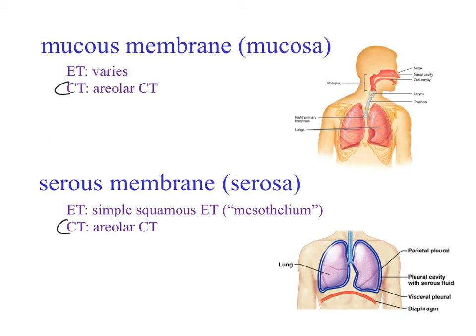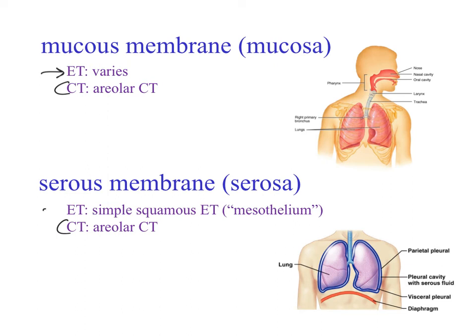What is that ET? Well, in a mucous membrane, all we can say for now is that it varies. And you already actually know this, right? The ET that lines the oral cavity is going to be different than the ET that lines the nasal cavity. And that's going to be different than the ET that lines the urinary bladder. So the ET in each mucous membrane has to vary. It depends on the function of the particular organ it belongs to. But in serosa, it doesn't vary.